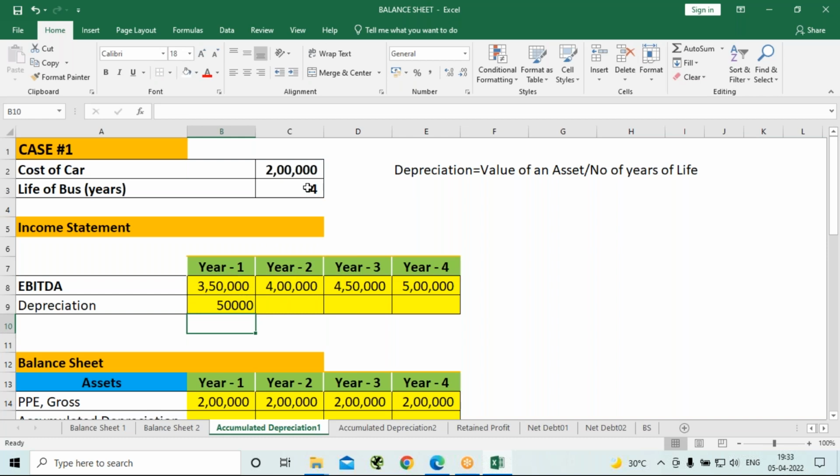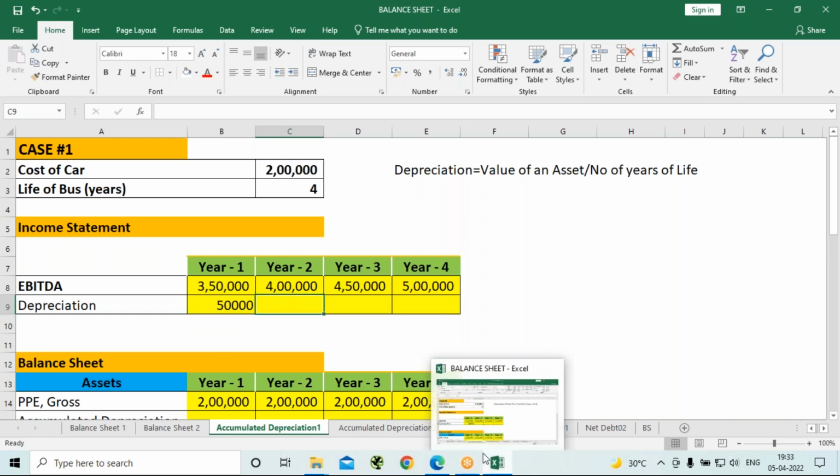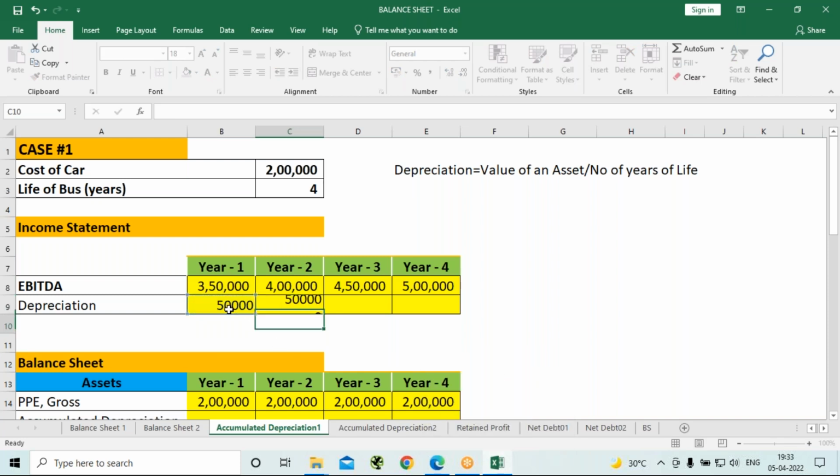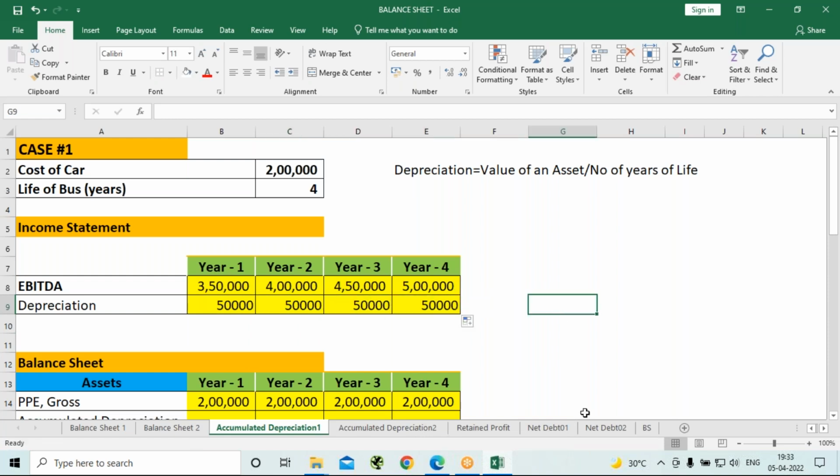So it is going to be 50,000. It will be the same depreciation value for all the years when you calculate it in the income statement.